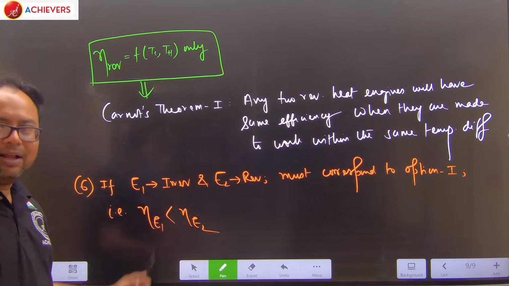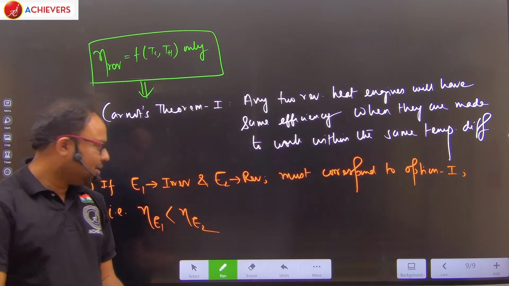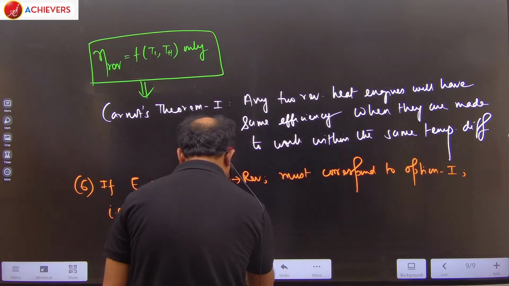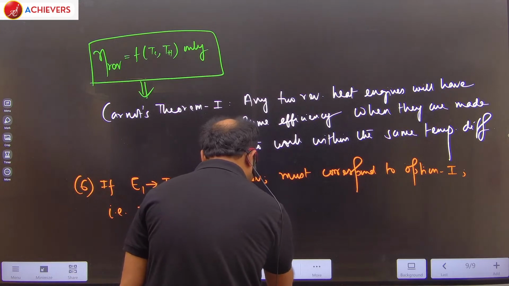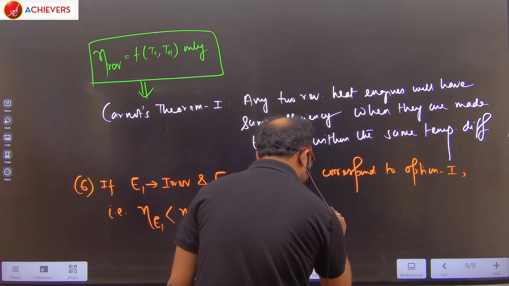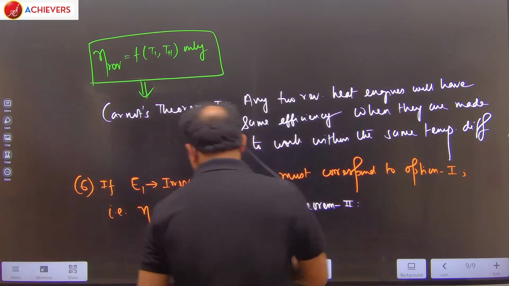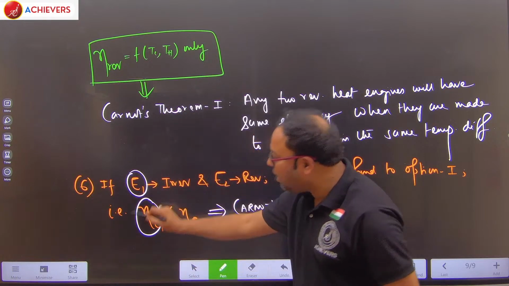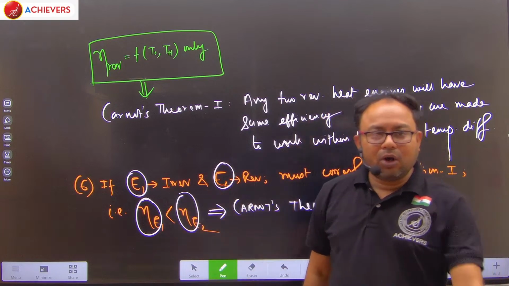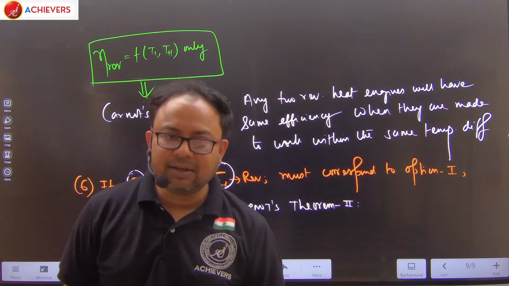And from here, Carnot's second theorem sprouts. What is that theorem? If E1 is irreversible, it has lower eta. If E2 is reversible, it has higher eta. So any reversible heat engine is always more efficient than an irreversible heat engine.